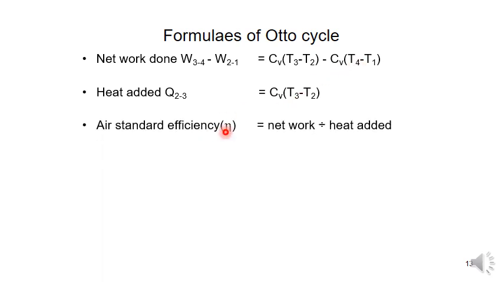Air standard efficiency is equal to work done by heat supplied. So what is the efficiency? Net work done, Cv(T3 minus T2) minus Cv(T4 minus T1), divided by Cv(T3 minus T2).